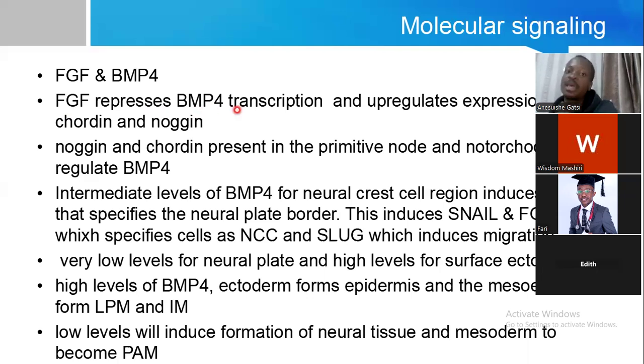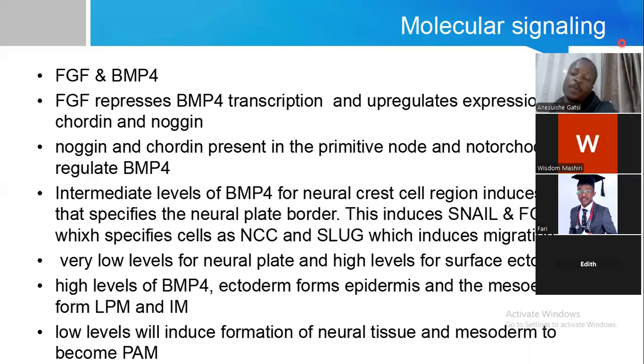And on the other hand, they will upregulate the expression of certain proteins, which are chordin and noggin, right? So noggin and chordin are the ones that regulate the levels of bone morphogenic protein 4.